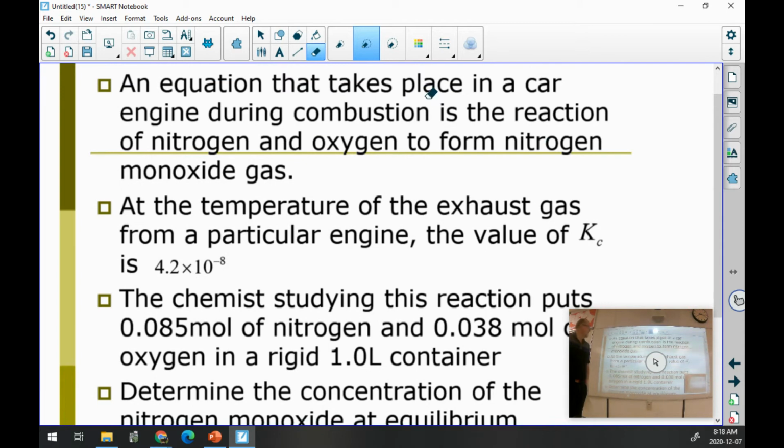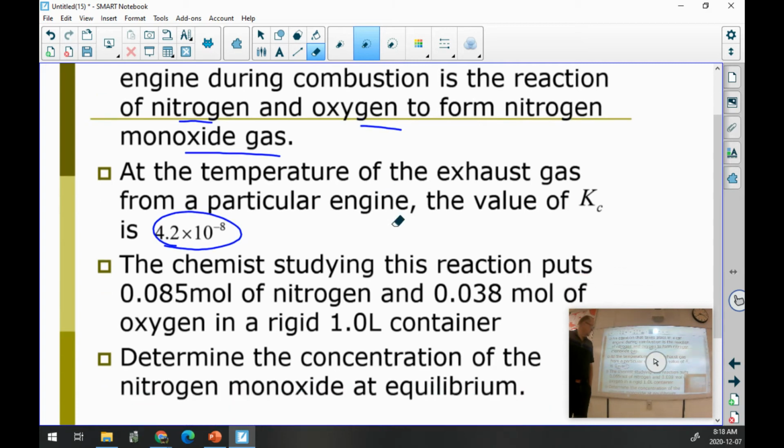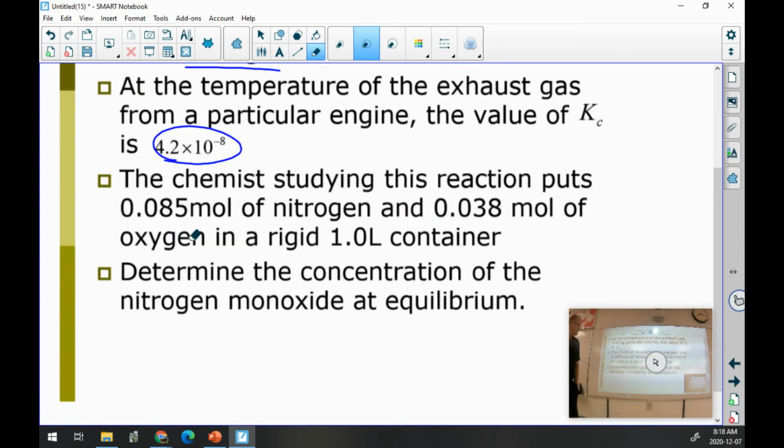Okay, so we got the reaction of nitrogen and oxygen to form nitrogen monoxide gas. The Kc of this expression is 4.2 times 10 to the negative 8. That's definitely small enough for us to use our approximation method. So here's some more information.